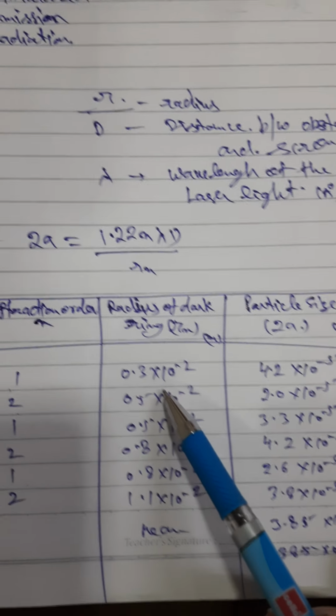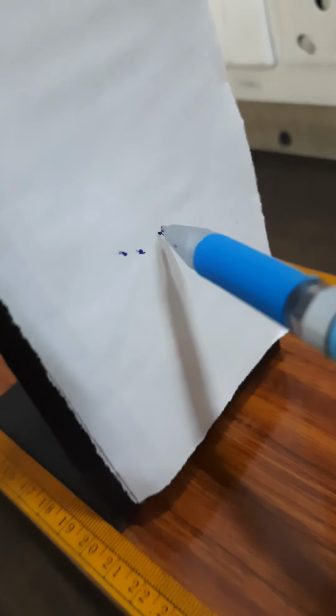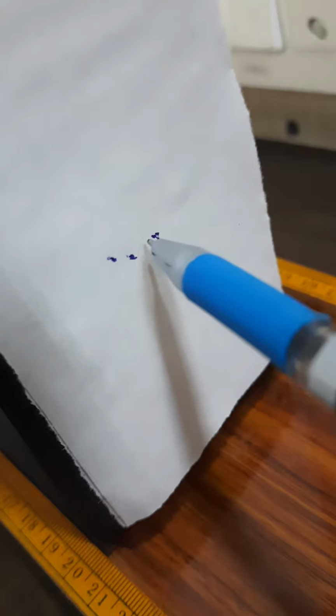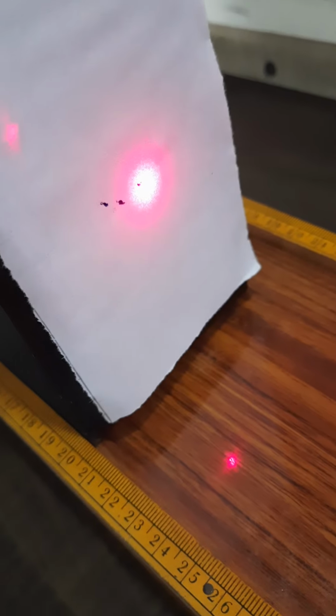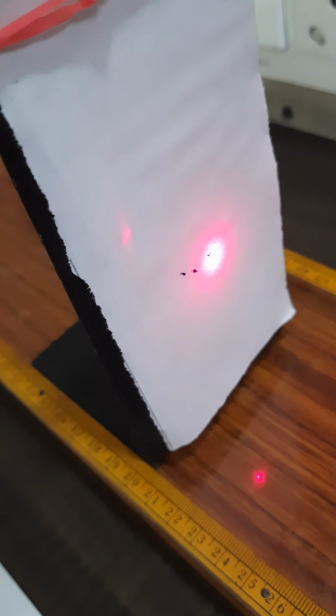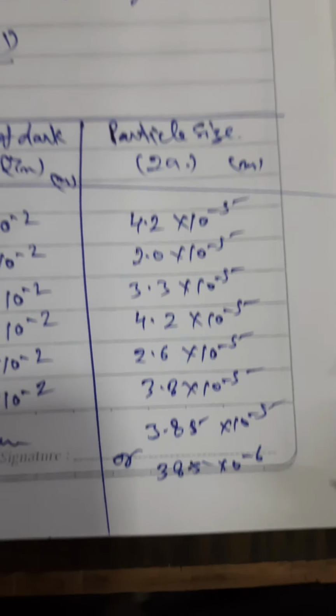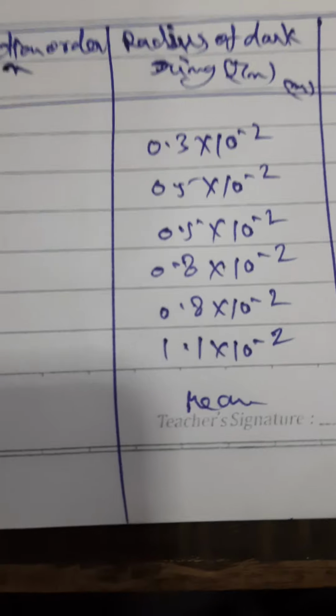For the first one we have marked the central point, and then the first dark point that we observed when our source is on. The observations were collected from this apparatus.